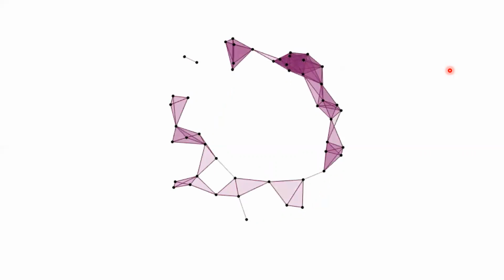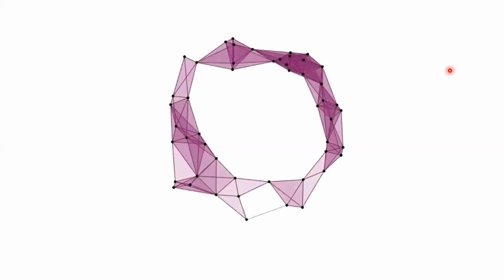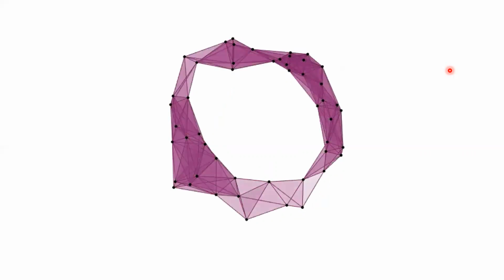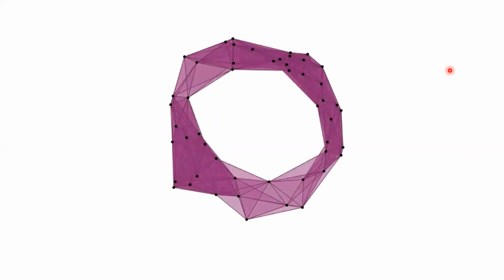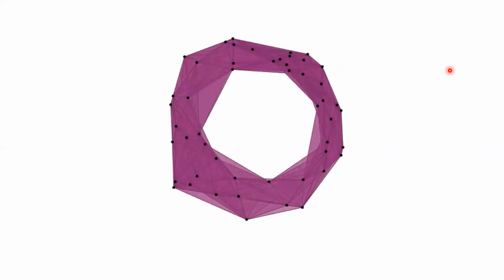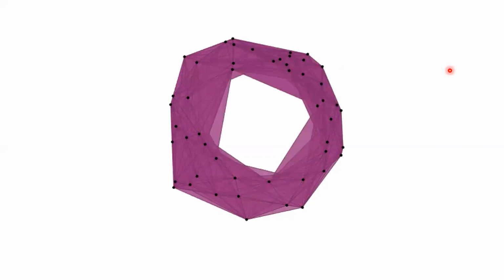But then as the scale parameter starts to grow, more points start to join until some cycles start to form. And one would say that at this point right here, the circular topology of the data has been captured. But one can continue increasing the scale, and then more edges will appear, more triangles will be filled, more tetrahedra will be filled in as well, until the simplicial complex has lost all its holes.